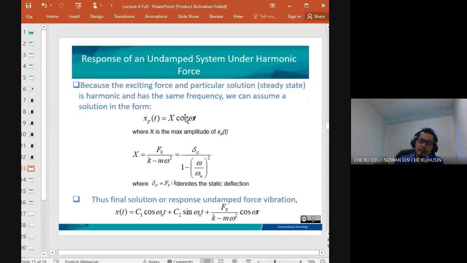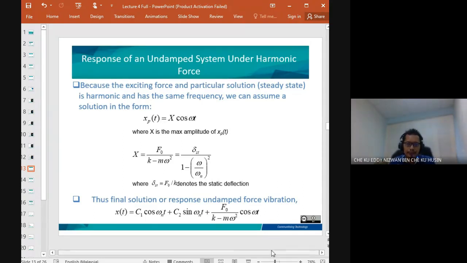Sine or cos doesn't matter, you can choose, but for this case most books use cos because it's easier to find the solution, especially once you convert it to this form. But actually it still represents the same thing.